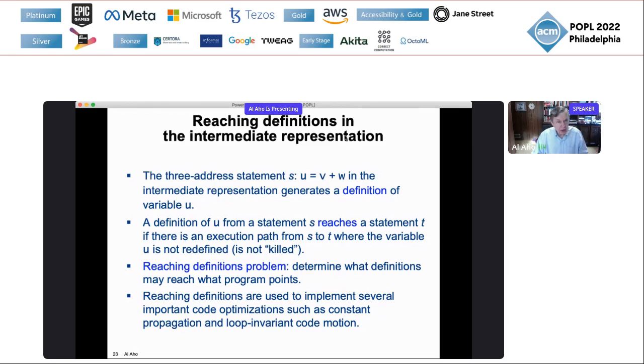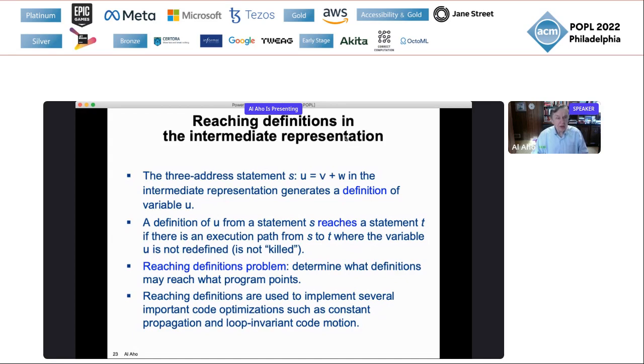A few basics. Suppose we have a three-address statement S in our intermediate representation, like U is assigned V plus W. We say this statement generates a definition of the variable U. We say a definition of U from statement S reaches a statement T if there's an execution path from S to T where the variable U is not redefined.